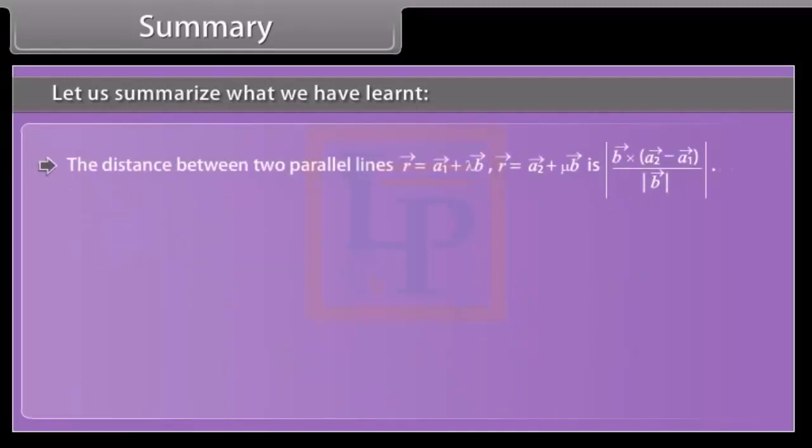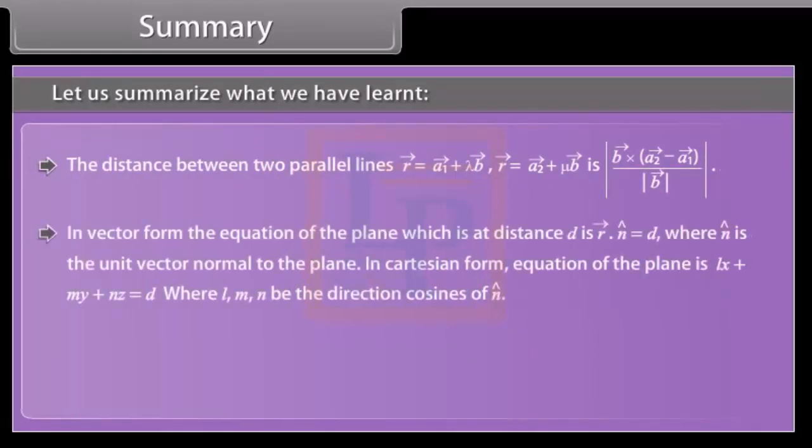The distance between two parallel lines is given by the following. In vector form, the equation of the plane which is at distance d is given by the following, where cap n is the unit vector normal to the plane.